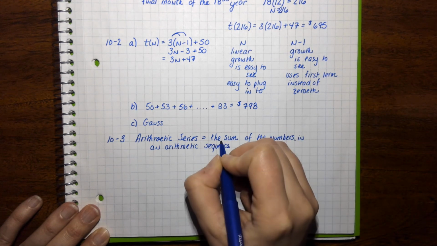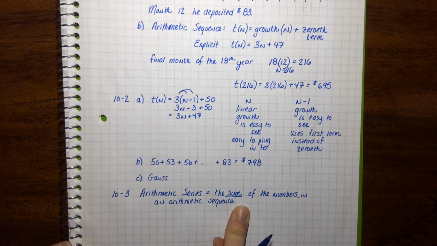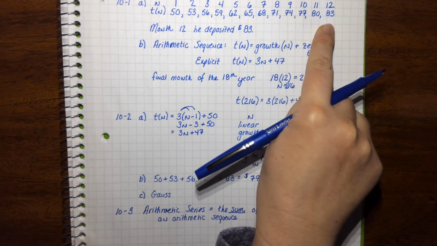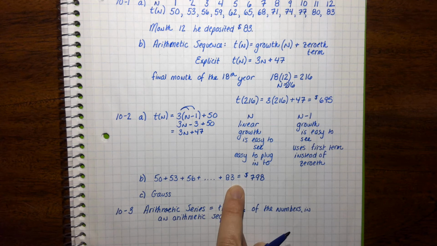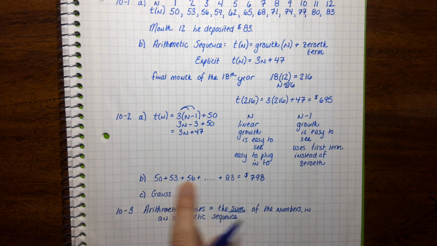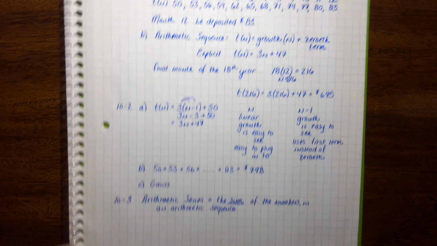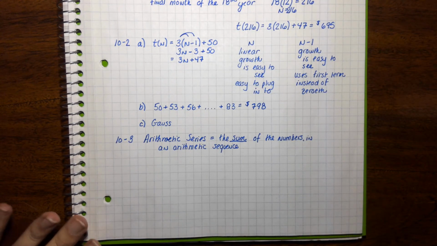Okay, so we have already worked with this. You guys just didn't know it was called a series. Scrolling up, this is a sequence because it is separated by commas, and this is a series for that same sequence, which is separated by addition signs and actually has an answer of $798. Okay, now let's talk about Gauss.